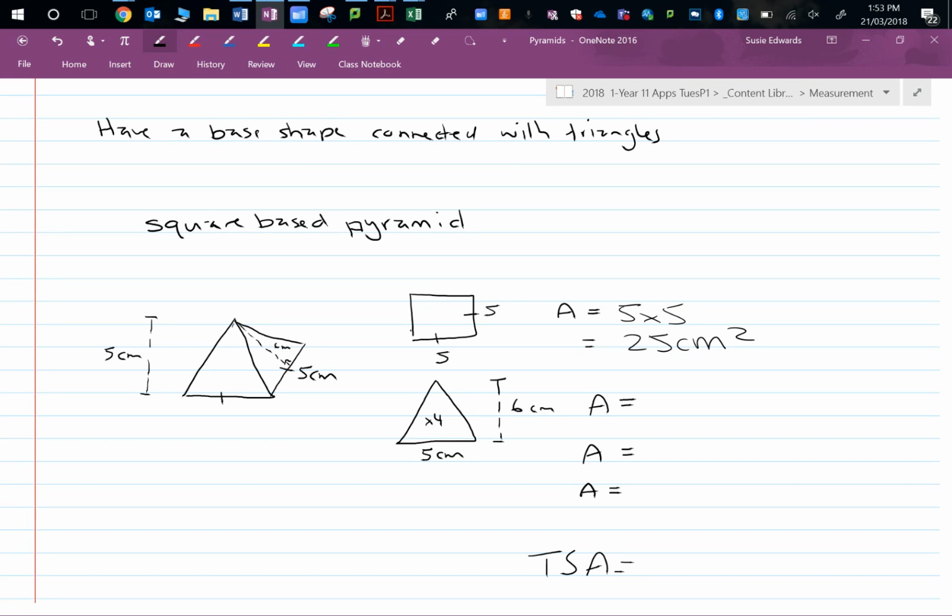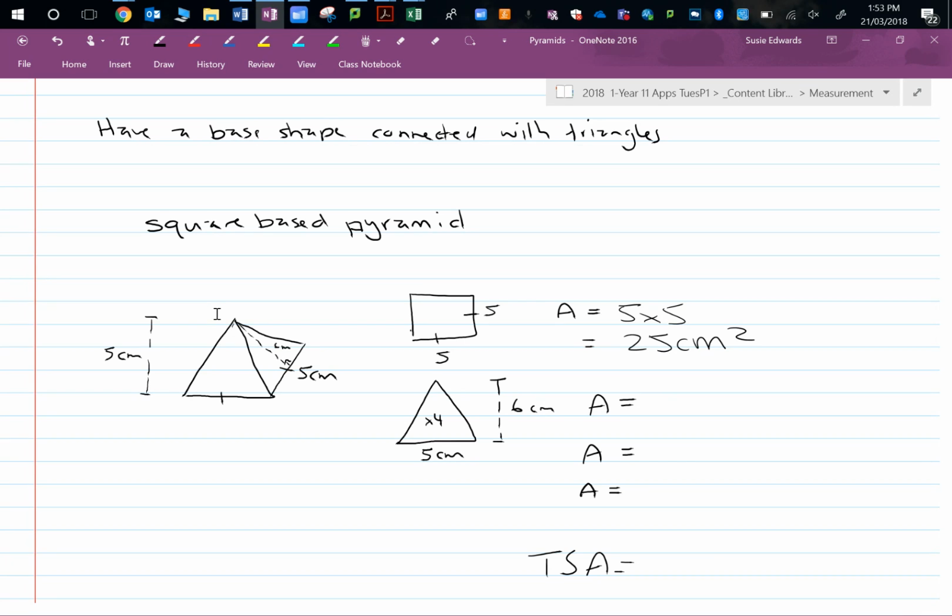that triangle. Now, the height of this pyramid is 5 centimetres here. But we're looking at this triangle here. The height of that triangle is not 5 centimetres. The height of that triangle is 6 centimetres.